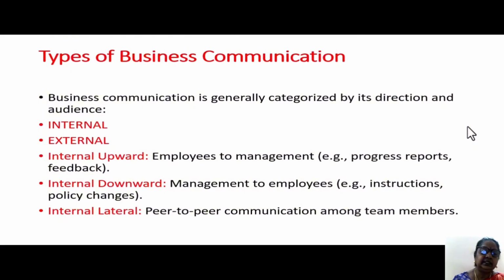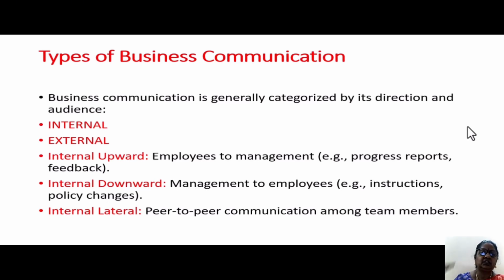Downward means from the management to the employee, it comes down from the management. So if any employee wants to apply for leave, it will go internal upward, from the employee level to management.